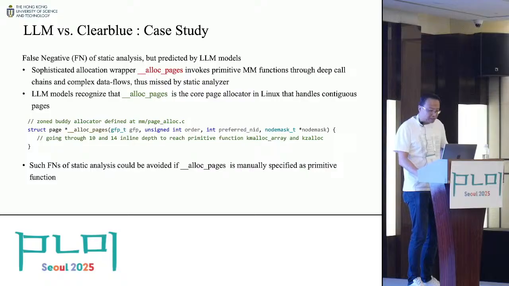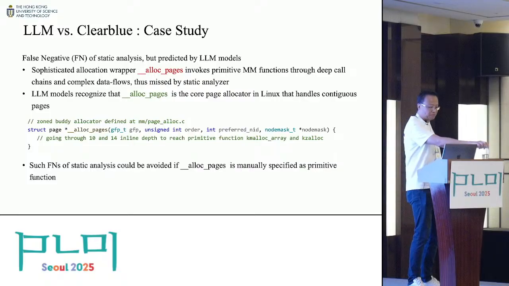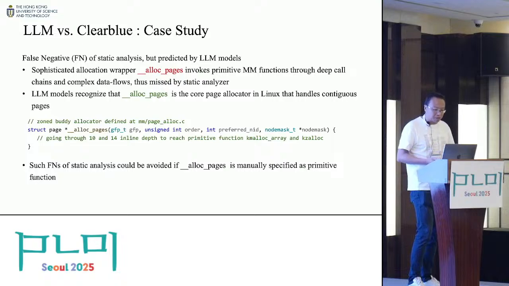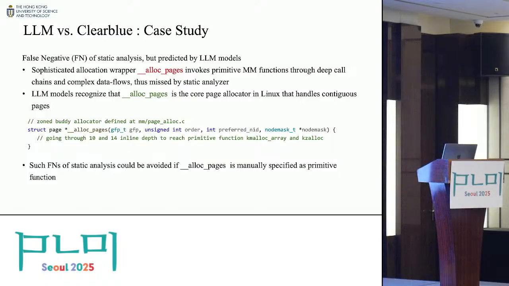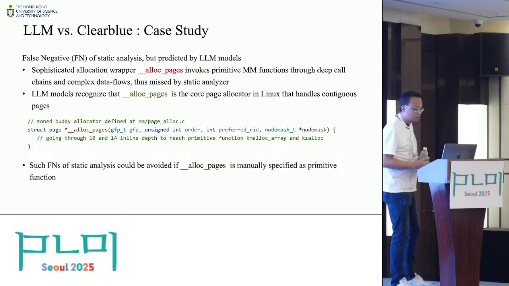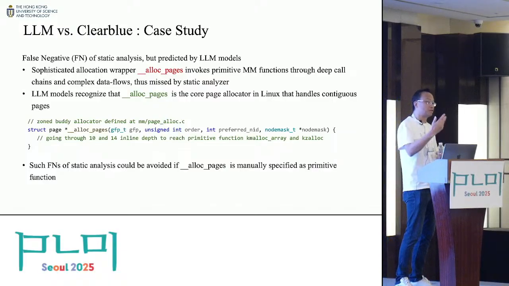So here are some case studies of why there are some false positives and negatives in this comparison, right? This is a case where static analysis failed to find it because the call chain is too long. This API is called alloc pages, but involves a very deep call chain. So Clear Blue is not able to figure out the data flow.